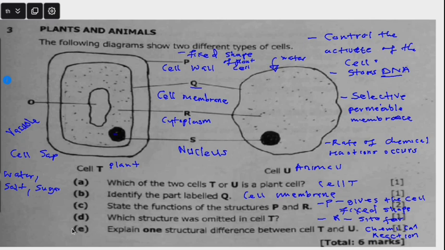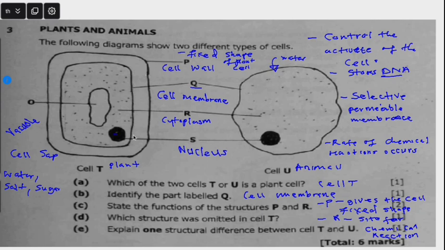Then when it comes to question D, it is saying which structure was omitted in cell T. Let's see. As you can see here, plants have chloroplasts, and the chloroplast is found between the cell membrane and the cell wall.